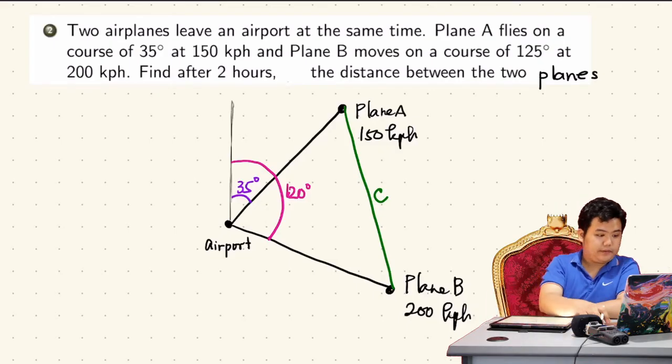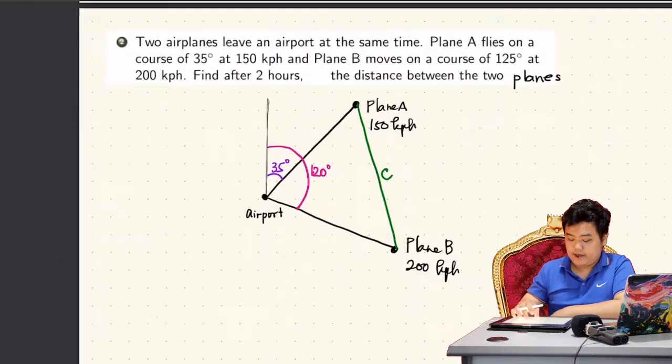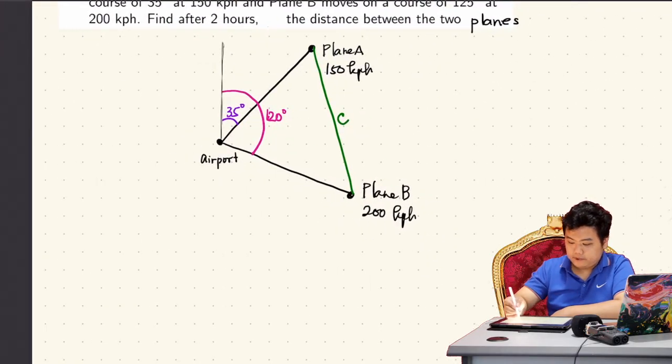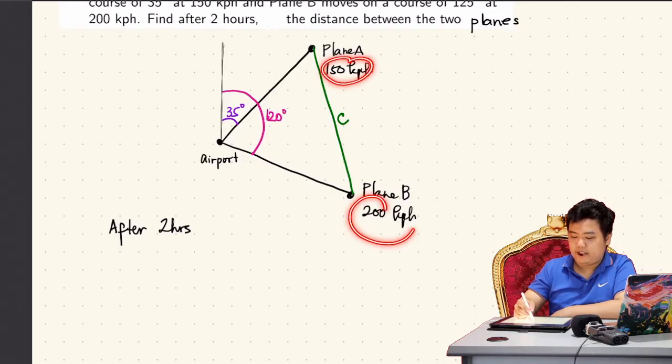So, drawing ko ulit yung triangle. Ito na yung ganap after 2 hours. Kasi speed ito eh. So, kailangan ma-convert natin yan to distance after 2 hours, and distance traveled nila after 2 hours.